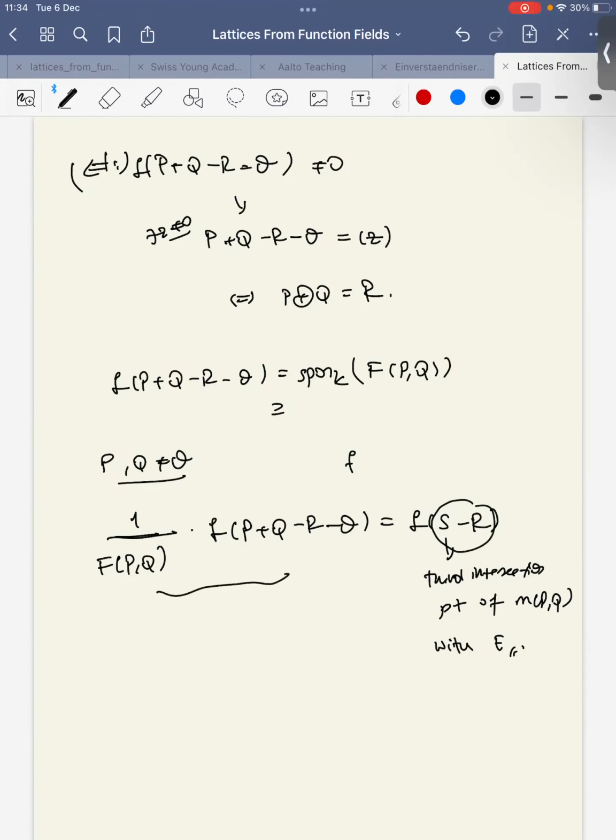And in this case, because of this equality, we know that it has positive dimension. So this Riemann space should have positive dimension. But S is a rational point.